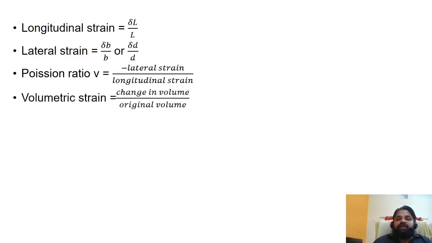Now the volumetric strain: if I know the individual strains, then I can get the total change in volume. If I know the initial volume and final volume, I can get the change in volume, and if the original volume is known to me, I can get it the same way. It is not always true that it will be a circular object, or always a rectangular object.